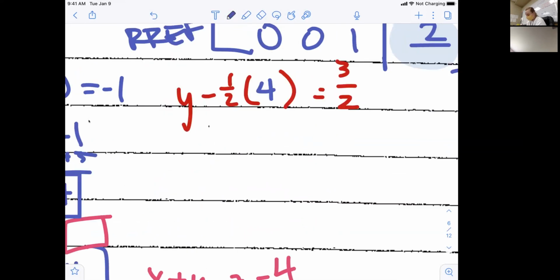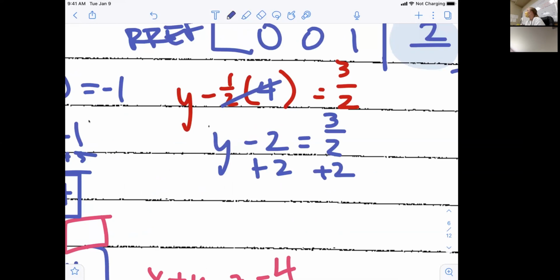Now we're just solving with algebra. 1/2 of 4 is 2, so I've got y minus 2 equals 3/2. And then I add 2 to both sides, which is going to be 3.5. Or if I want to keep it as a fraction, I could add 4 over 2, and that's 7/2. y equals 7/2, or 3.5.